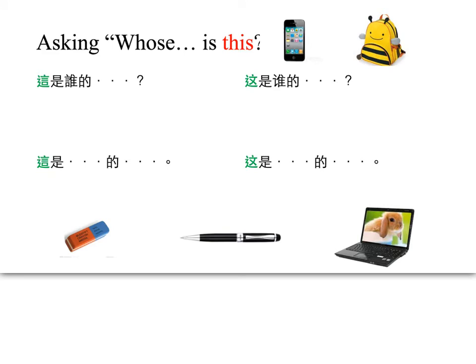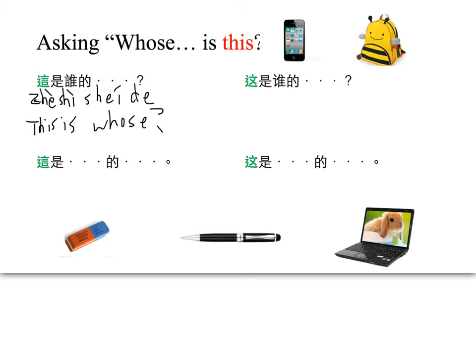So in this slide, we're going to learn how to say whose da da da is this. So if you look at the characters 这是谁的, it means this is whose, and it's a question.